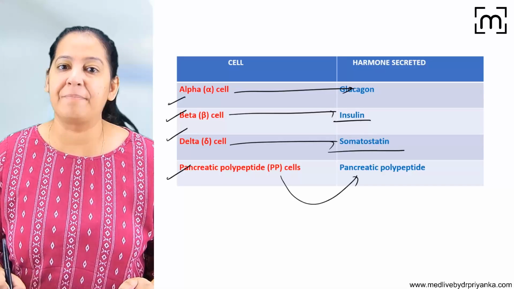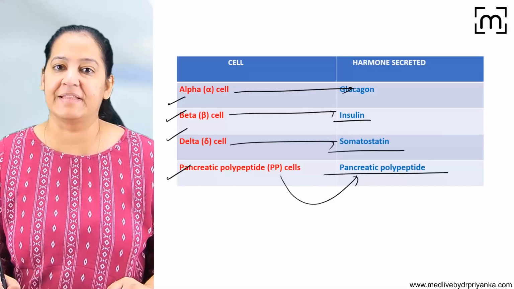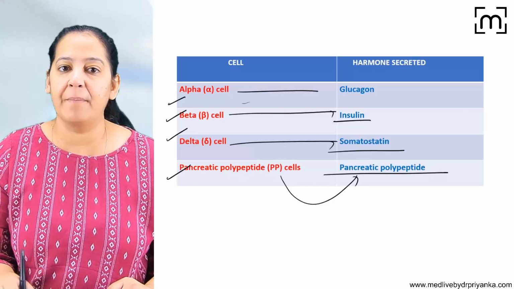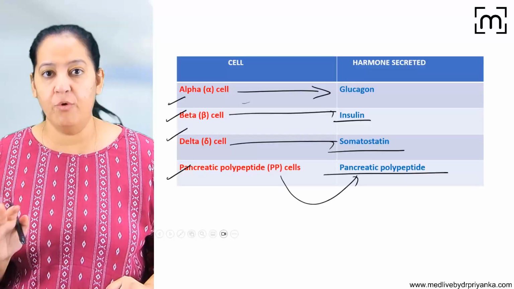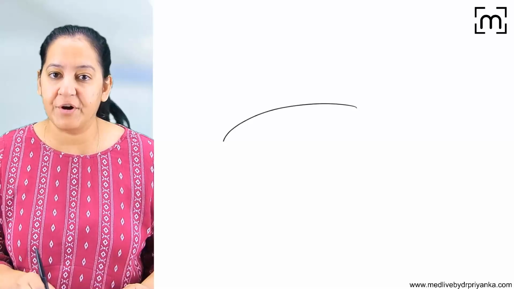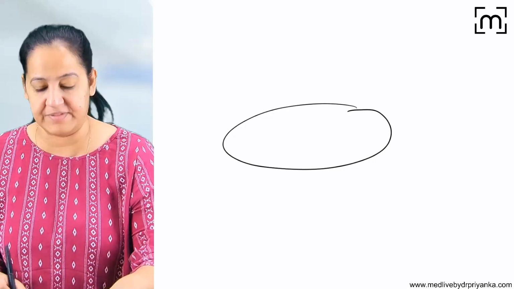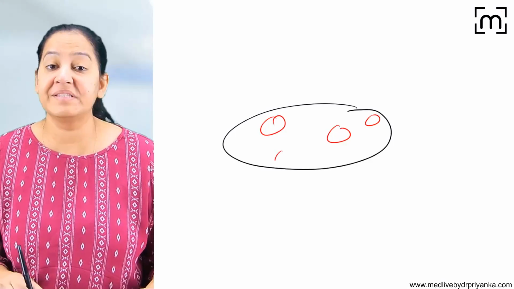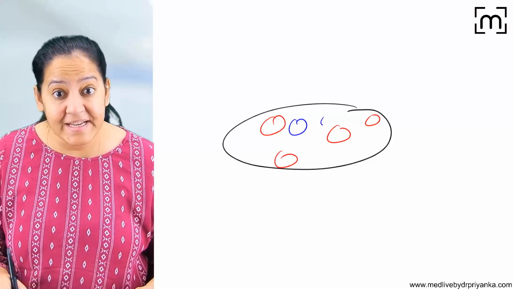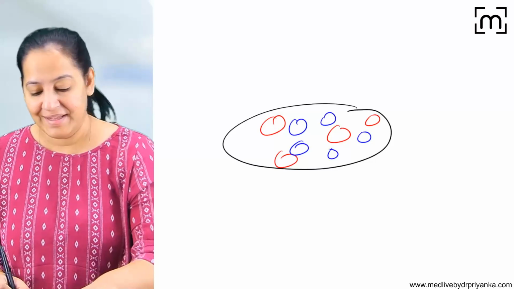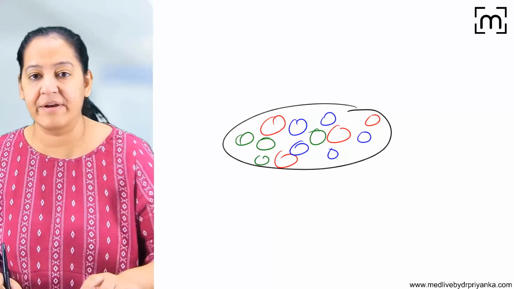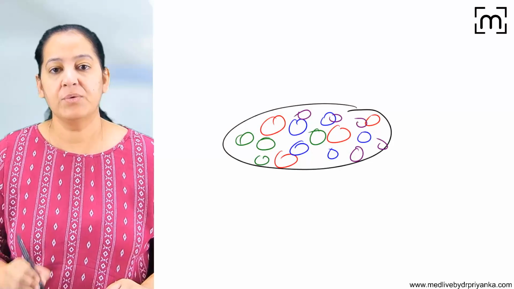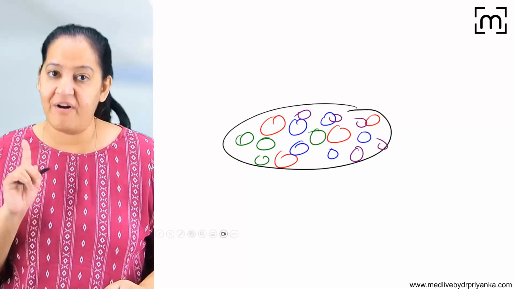And PP cells secrete pancreatic polypeptide into the blood. So please understand alpha, beta, delta and PP cells, and learn the four types of cells. In an islet of Langerhans there are alpha cells which secrete glucagon, beta cells which secrete insulin, delta cells, and pancreatic polypeptide cells. So you have to learn the four types of cells: alpha, beta, delta.